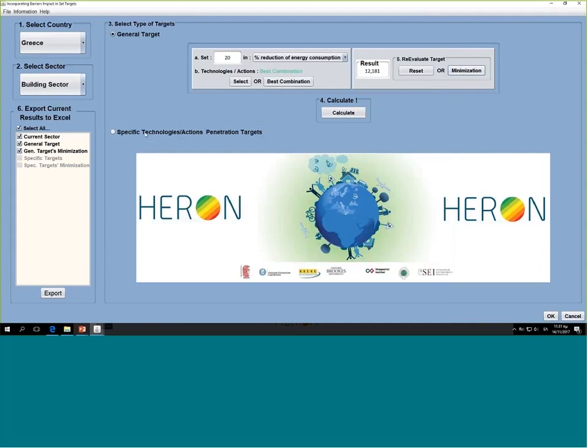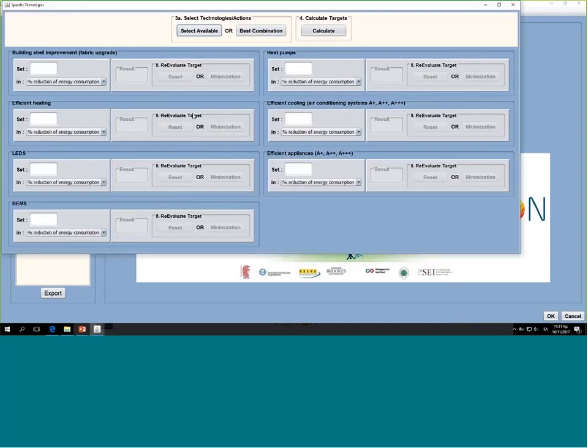If the user does not want to set a general target but to use specific technologies, there is an option to select also.